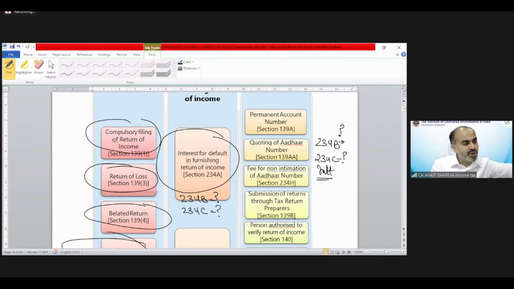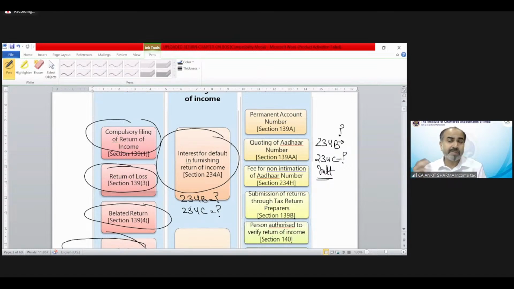Malu is saying short payment. What short payment? How much short payment in case of 234B? Okay, Bhumika is saying, right, advance tax paid is less than 90% of assessed tax. If advance tax paid by you is less than 90% of assessed tax, then 234B applies. Very good, Bhavna. That is correct. Correct, Om Krishnan. Very good.